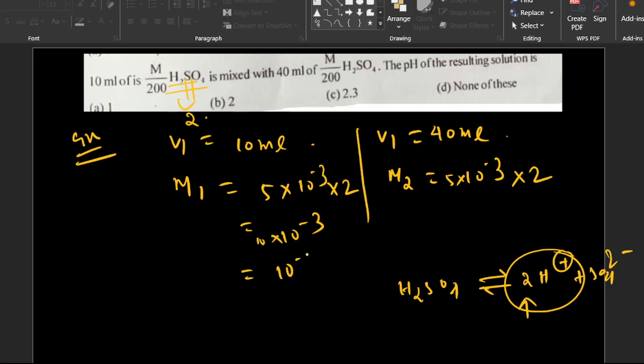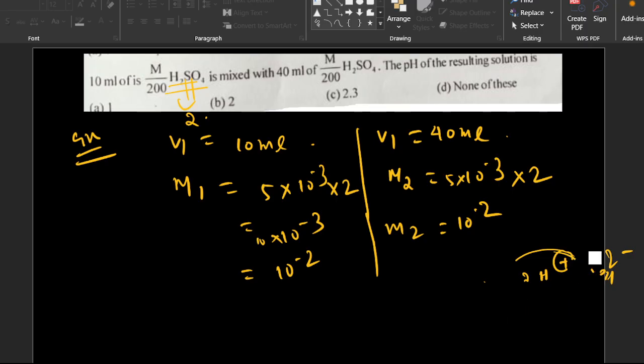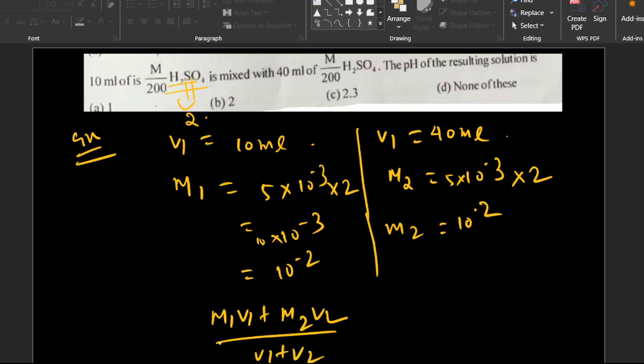So this will become 10 raised to minus 2, so this M2 also becomes 10 raised to minus 2. So now simply do M1 V1 plus M2 V2 by V1 plus V2. So this value will be M1 V1, how much, M1 is 10 raised to minus 2, and V1 is 10.